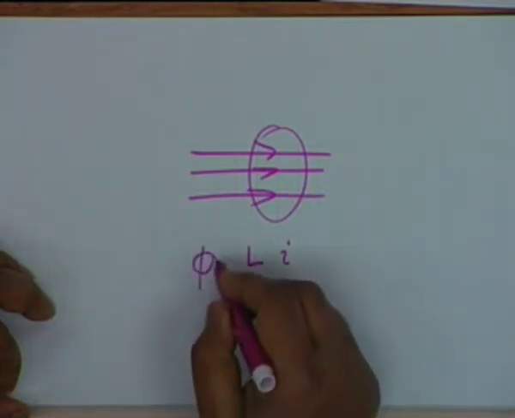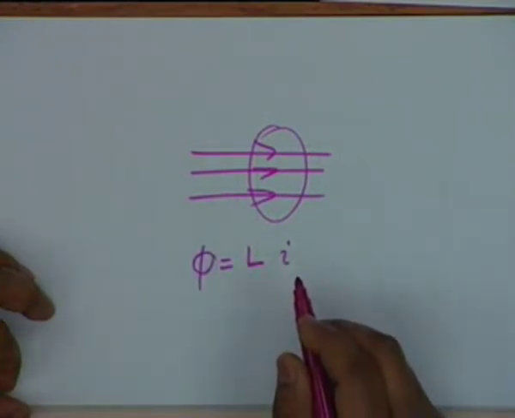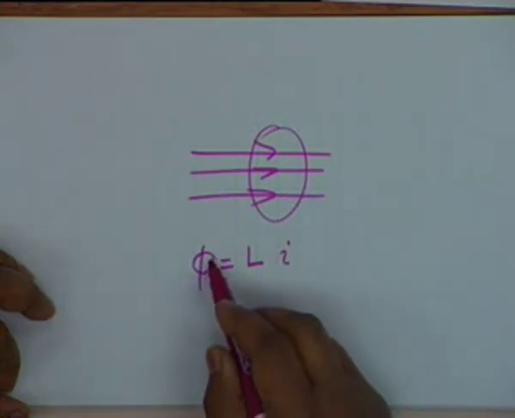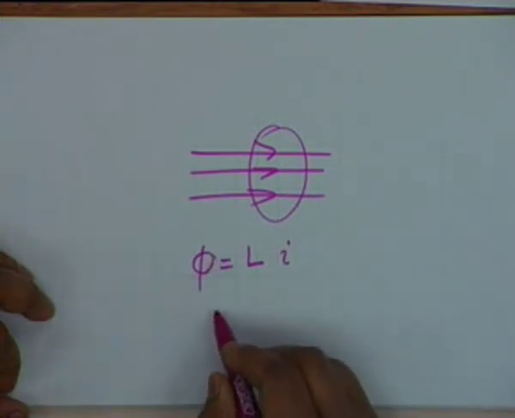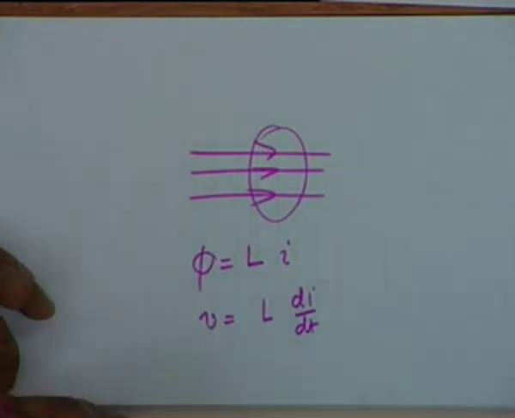So, phi, the flux is equal to Li, and if I varies, if phi varies, the magnetic flux varies, then you know that the inductance develops a voltage across it, which is d phi dt, and it is equal to L di dt.